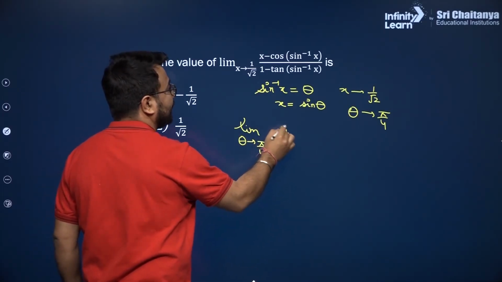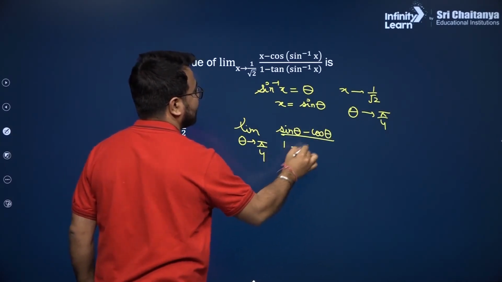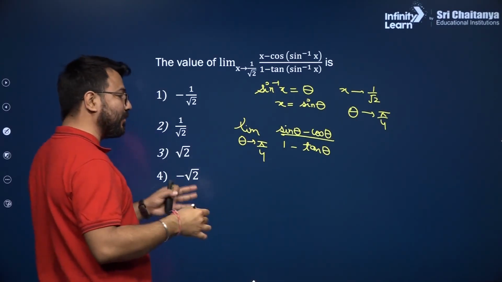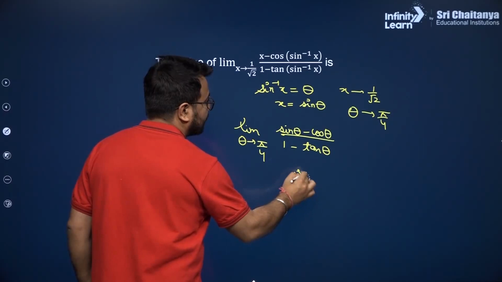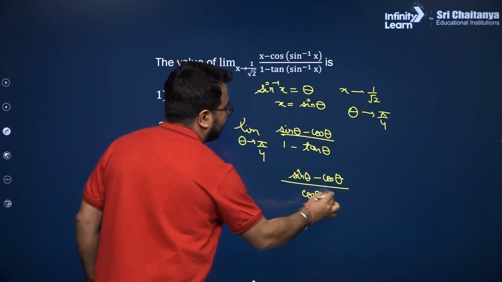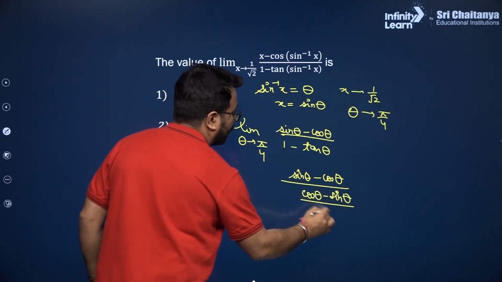Here we have sine theta, here we have cos theta, here we have 1 minus tan theta. If I want to convert this tan into sine upon cos and then take the LCM, I will be left with sine minus cos, and here it will be cos minus sine. After the LCM I am writing, and this whole is divided by cos theta.